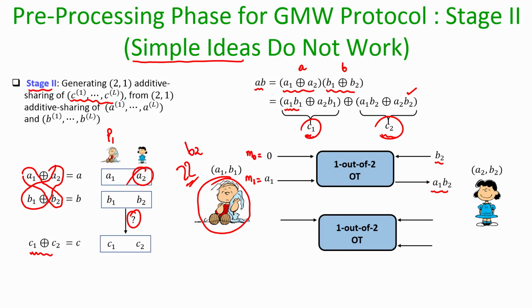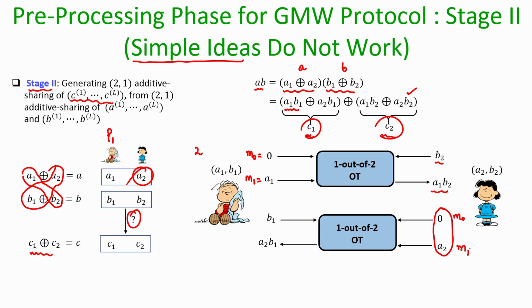And in the second instance of the OT, we can ask the first party to select his choice bit as B1 and let the second party act as a sender with these inputs M0 and M1.